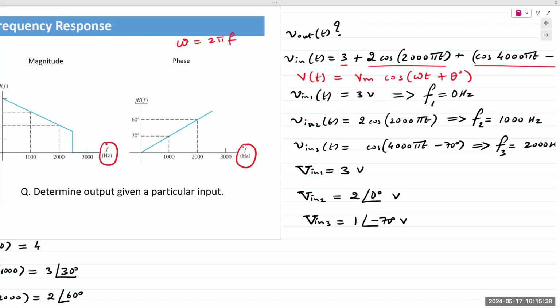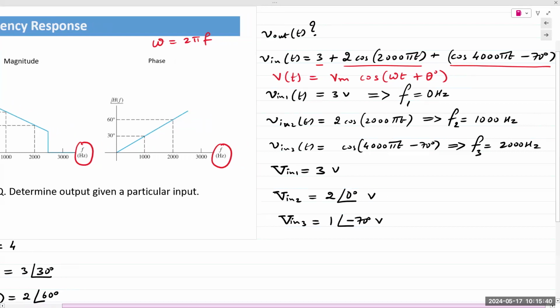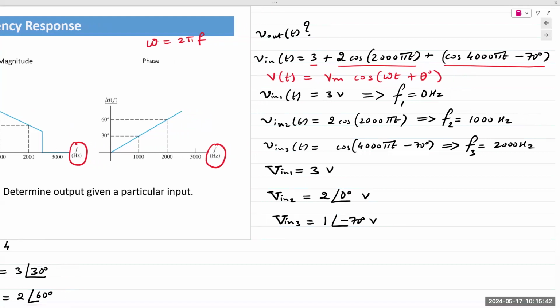What do we get? For V in 1, it's one single value, 3 volts. There's no frequency information. There's no time dependency. It's not a function of time. So V in 1 of t is not really a function of time. It's a flat line at a value of 3 volts.